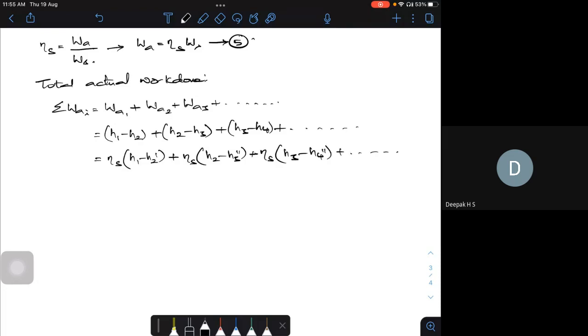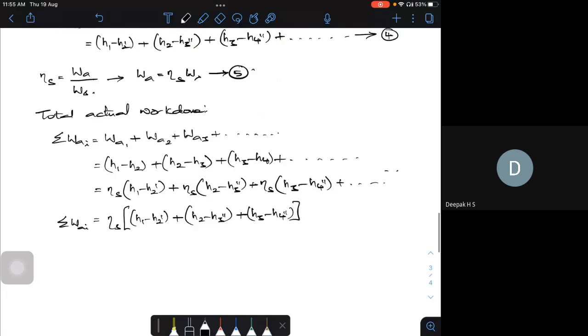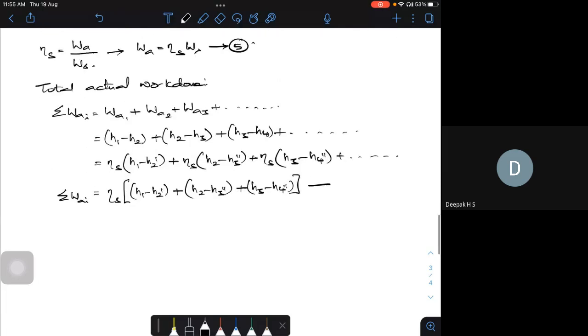Since the stage efficiency is common, if I take it out, that is eta s into H1 minus H2 dash plus H2 dash minus H3 double dash plus H3 double dash minus H4 double dash. So this is your actual work done, and I am going to call that equation number 6.